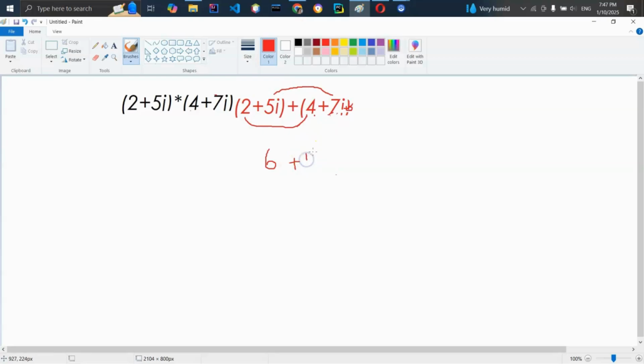It gives 12j. This is the answer, not J. In maths, you should use i. But Python uses j.